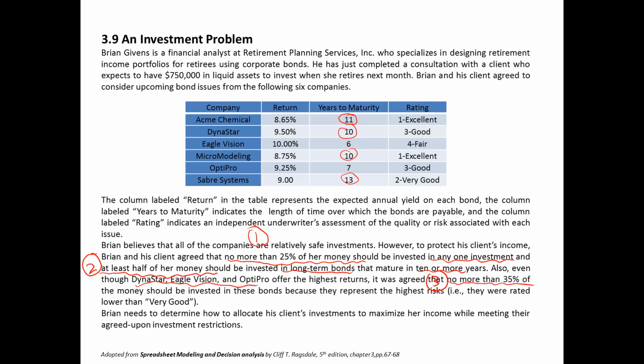Then Brian needs to determine how to allocate his client's investment to maximize her return income while meeting the agreed upon investment restrictions. So this last sentence again is very important.